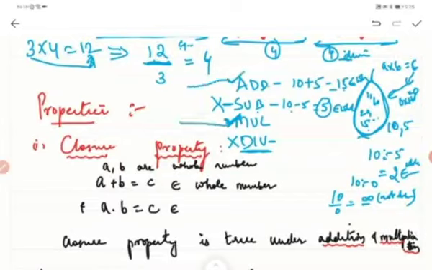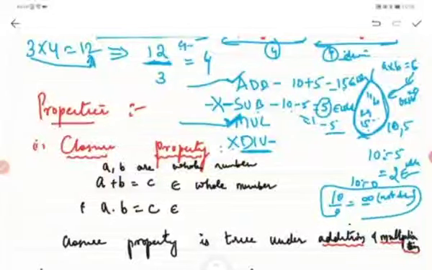Whereas when you subtract whole numbers, there are chances that you will get a whole number, and there are chances you will get an output other than a whole number, like we have seen an example which gives a negative output. In division, one scenario is 10 divided by 0, which will give you infinity, which is not defined. So that is why we say that under division the closure property is not true.